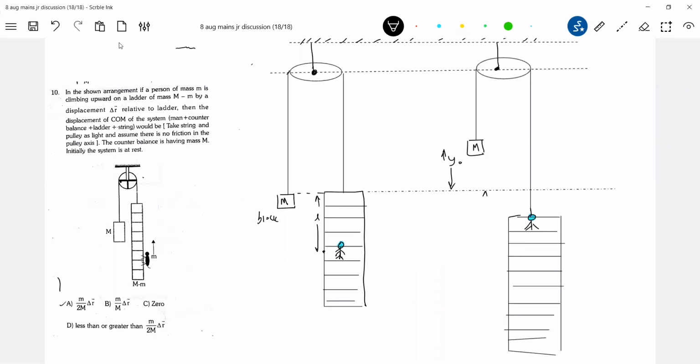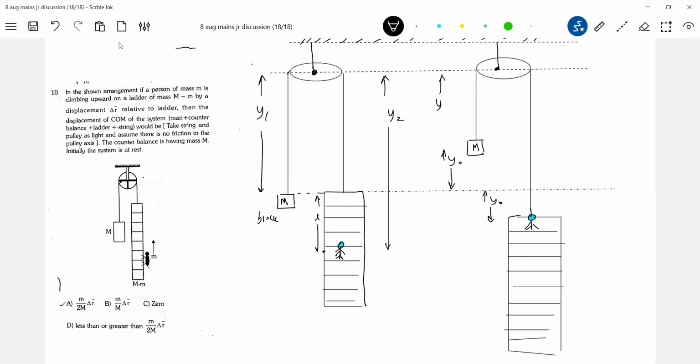So this should also be y naught. And initial displacement, any symbols you can take help of. Initial displacement is y, and initially the center of the ladder be at a distance y2. Your problem will get over within the next step once you're able to write this one.